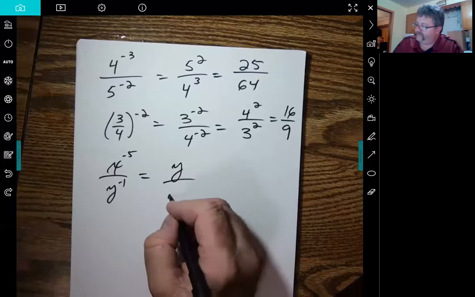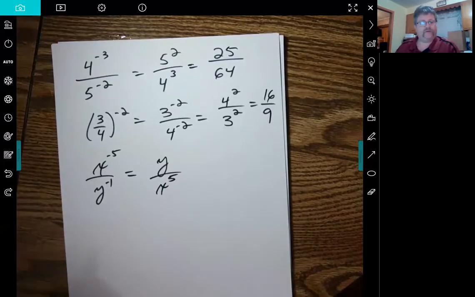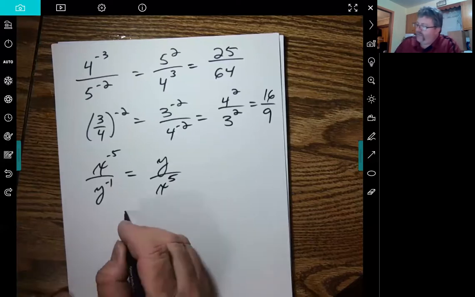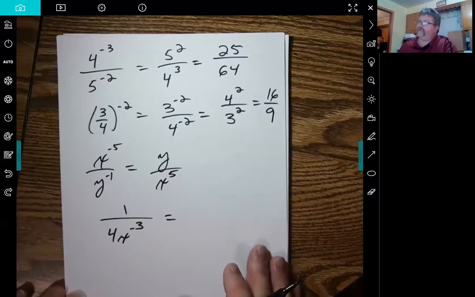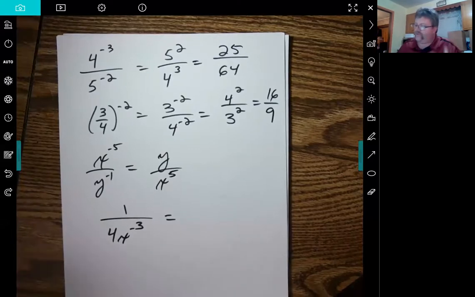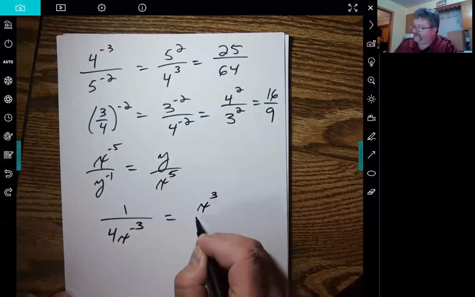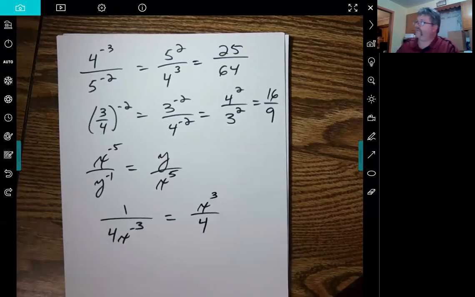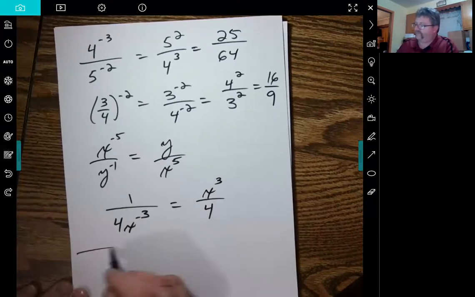You don't have to write a positive 1 if you don't want to. X to the 5th goes down. Okay. How about 1 over 4x to the negative 3rd? Now, in this case, the 4 is going nowhere. Only the x to the negative 3rd is going to move up and become x to the positive 3rd over 4. All right, so that's going to always be a requirement as we work these problems.